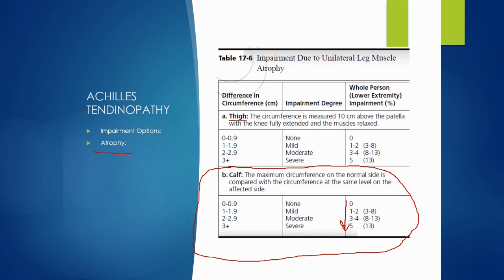And if you're not convinced that the calf muscle has reached its maximum atrophy, in other words, if you suspect that additional atrophy is going to occur, you may decide to wait to declare the examinee permanent and stationary until an adequate time following, say, for example, surgical repair.